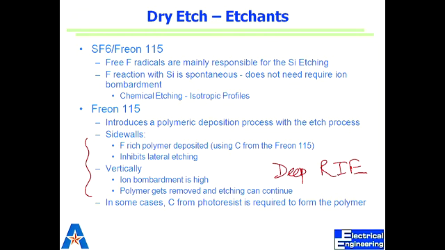Fluorine reaction with silicon is spontaneous, it does not need any bombardment. But in this case, if you don't bombard it, as I told you last time, it won't be directional, it will be isotropic. I mean, if it's low energetic and you don't bombard it, you don't get it directional.